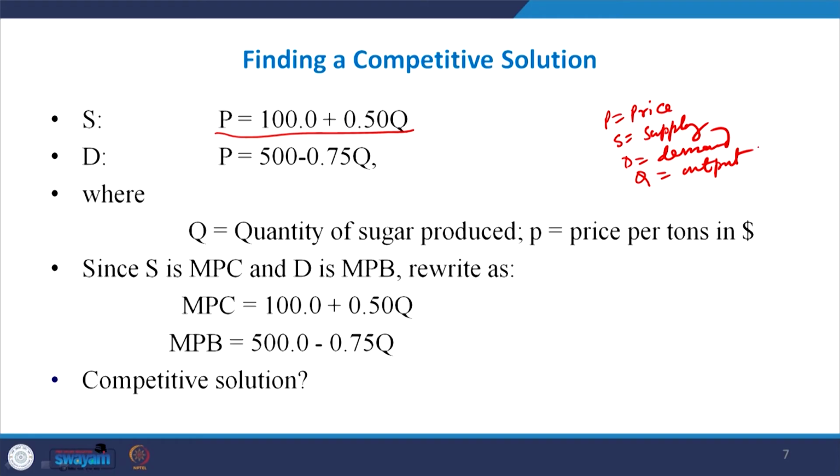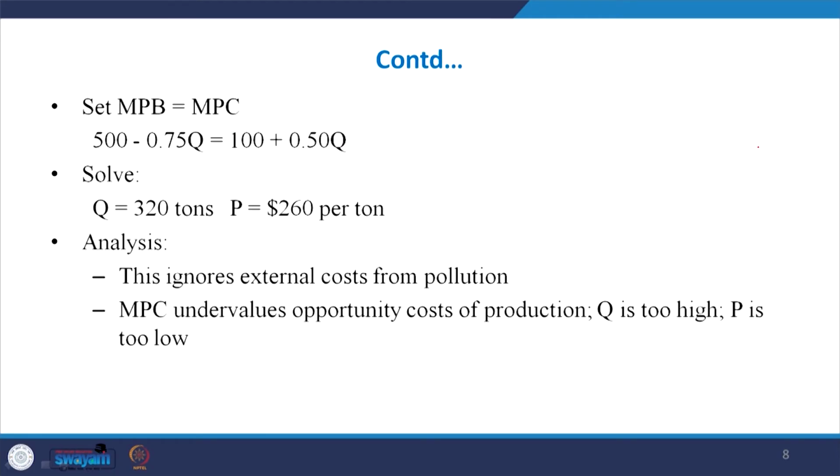So, now setting marginal private benefit equal to marginal private cost, we can do it like 500 minus 7.5 Q equal to 100 plus 0.5 Q. When you solve it, then you will get quantity of output produced of the sugar is 320 tons.